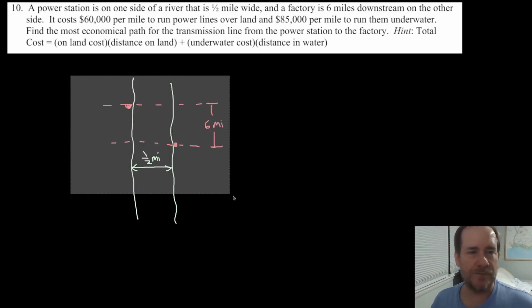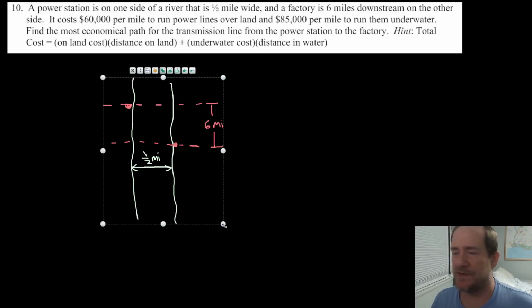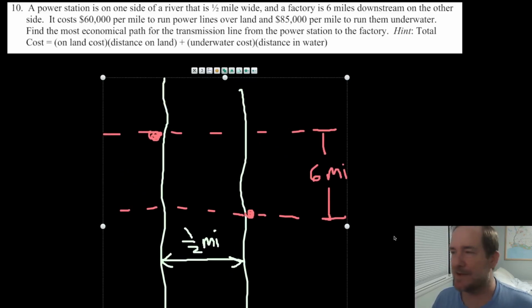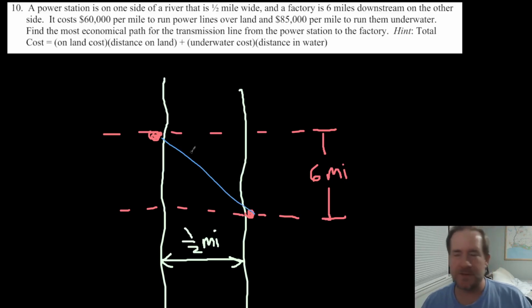Let's blow this up. If you guys want to fast forward, just fast forward, because I'm probably about to ramble for a few minutes. But blowing this up, hopefully you understand the idea is I want to connect these two places. Just building a line straight from here to here is probably not the best solution, because that would be entirely underwater, and you're paying the $85,000 per mile the whole time.